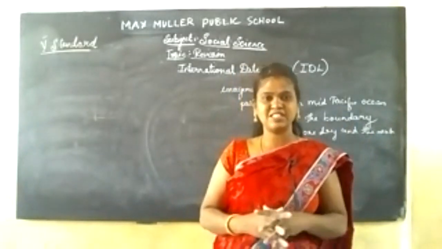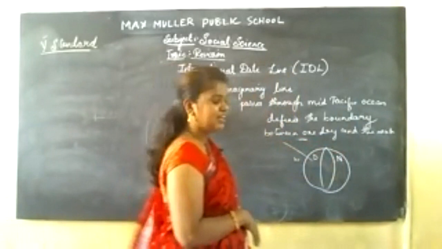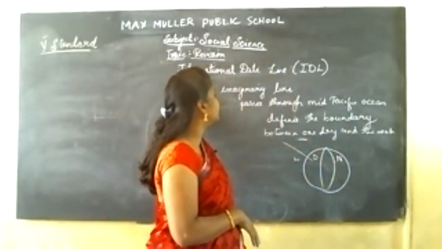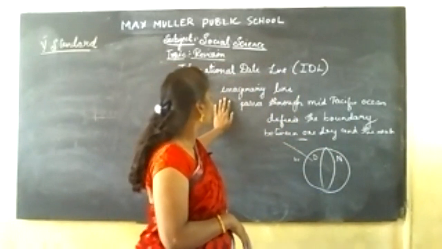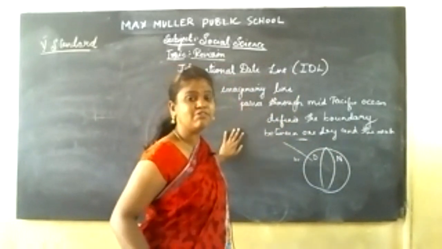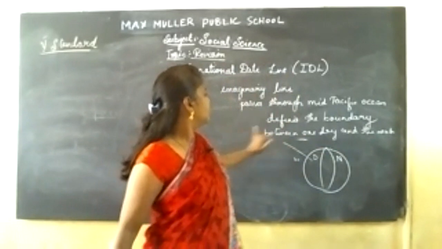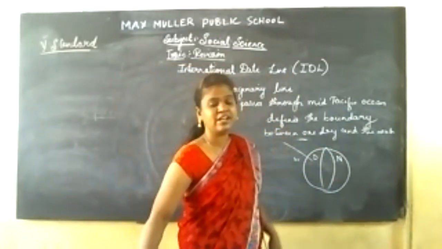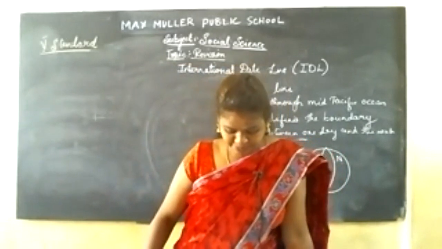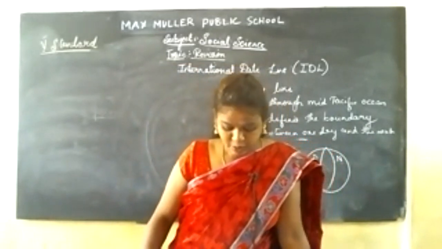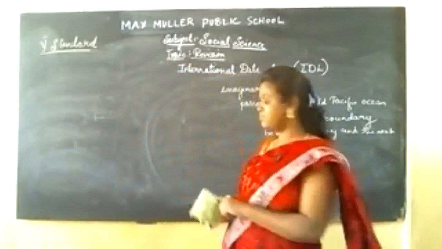So these are the changes which the international dateline helps with. What is the international dateline? The international dateline is an imaginary line which passes through the mid-Pacific Ocean, and defines the boundary between one day and the next. So this is the third question. Next one.